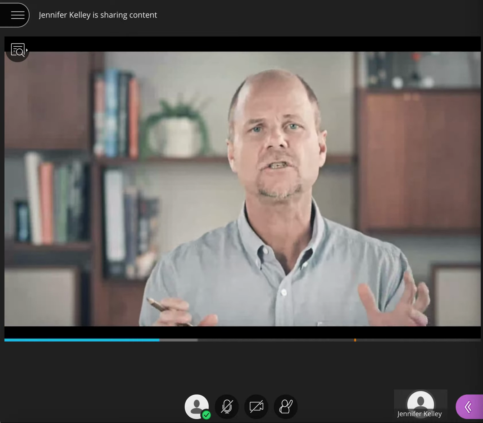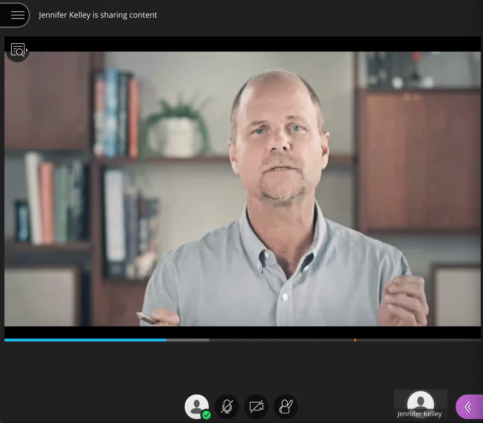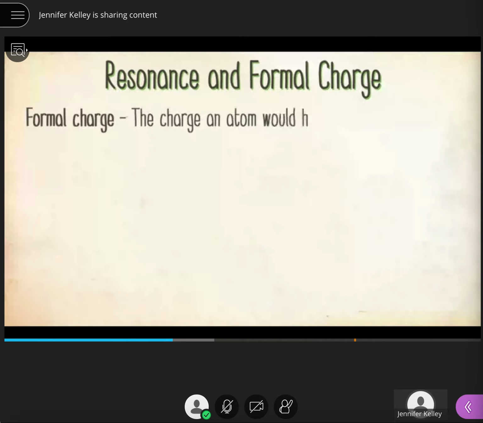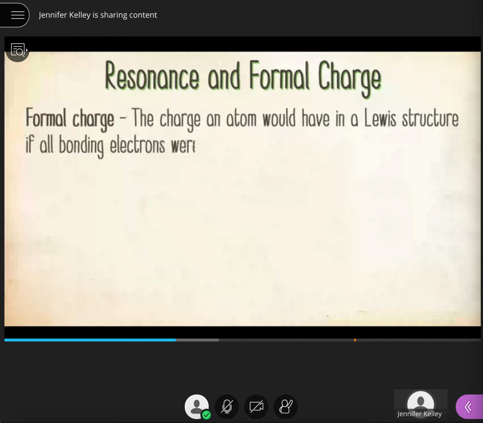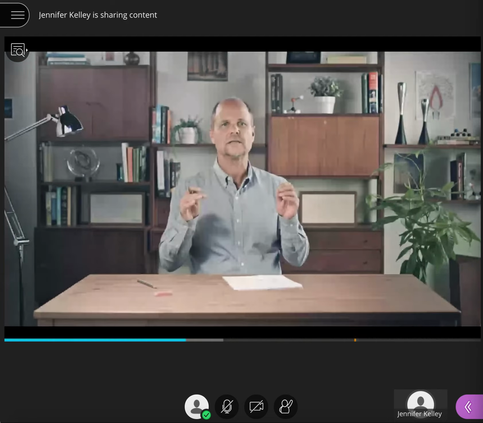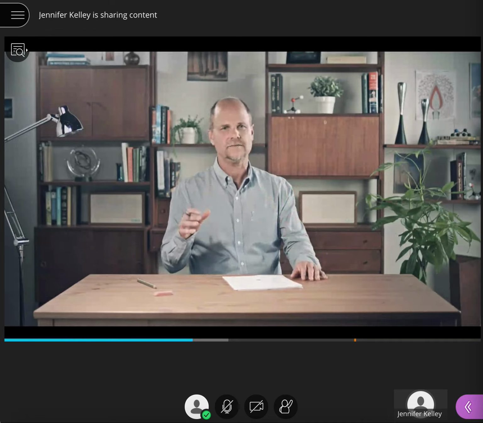We now turn to the concept of formal charge, a fictitious charge that you can assign to atoms in a Lewis structure to help you distinguish between alternative structures. The formal charge of an atom in a Lewis structure is the charge the atom would have if all bonding electrons were shared equally between the bonded atoms. In other words, formal charge is the calculated charge an atom would have in a molecule if you completely ignore the effects of electronegativity.